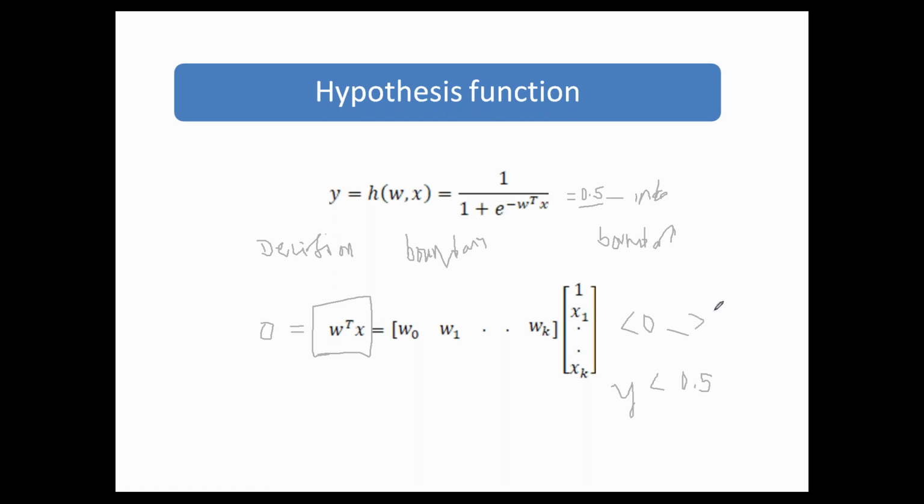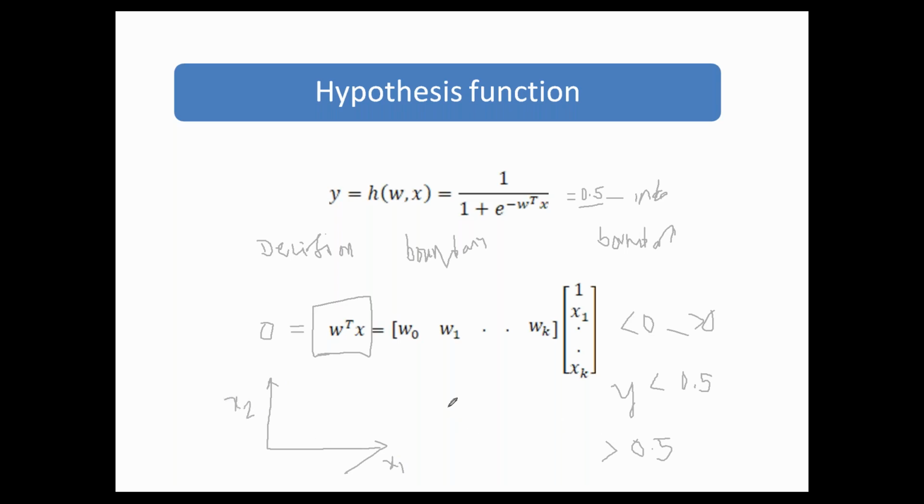When it is greater than 0, it is 1 by e power a negative number, so it will be greater than 0.5. When it is greater than 0, you are going above. So if you plot it in two dimensions, for example, this is x1 and this is x2.